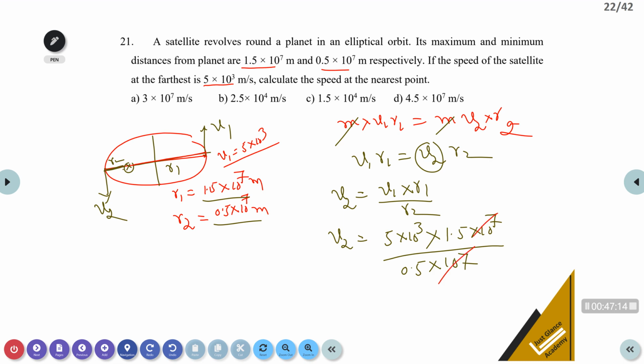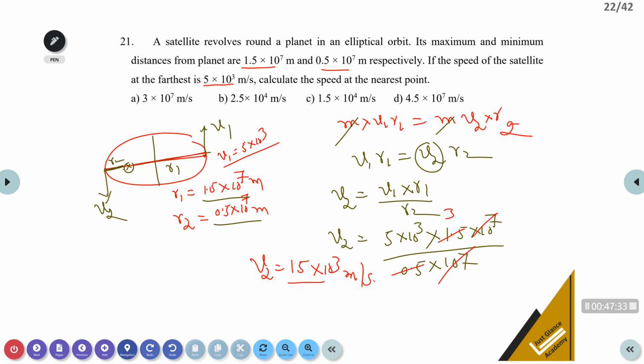Simplify, 10 to the power of 7 and the decimals get cancelled. It becomes 3, so 5 into 3 is 15. v2 equal to 15 into 10 to the power of 3 meter per second.